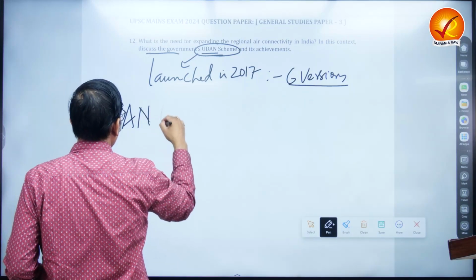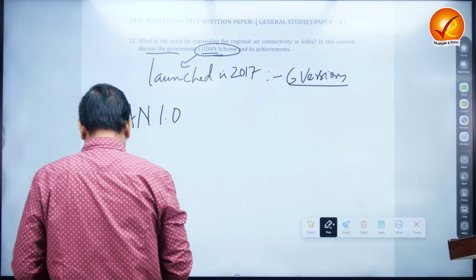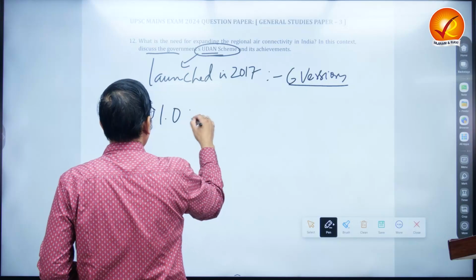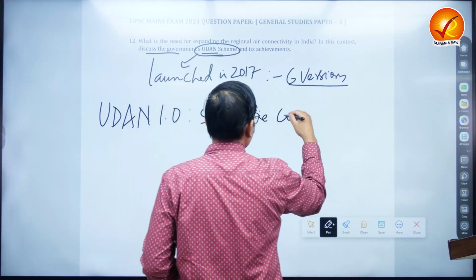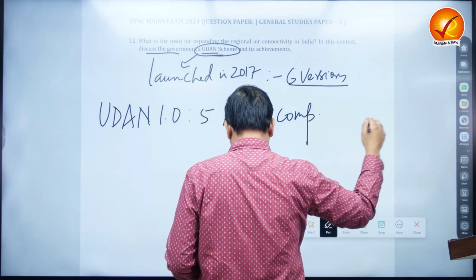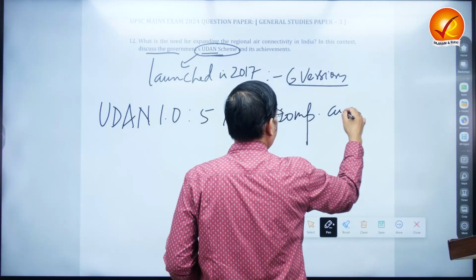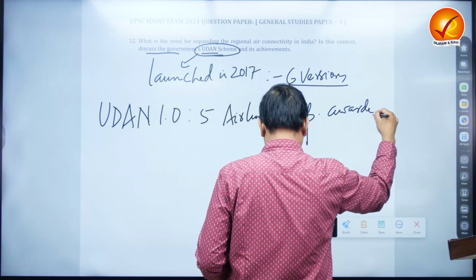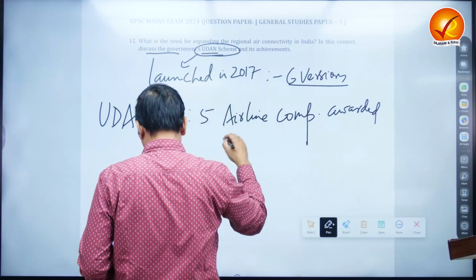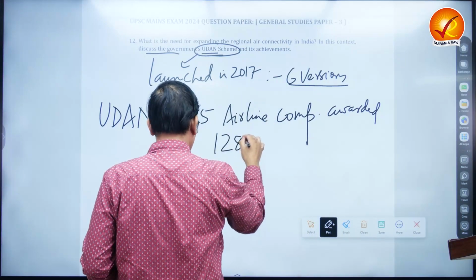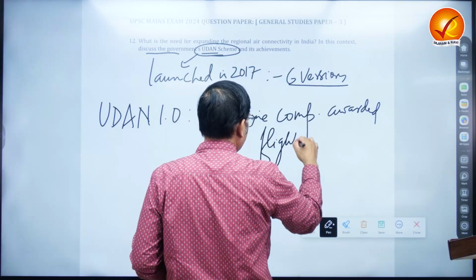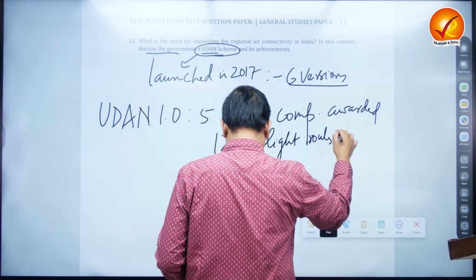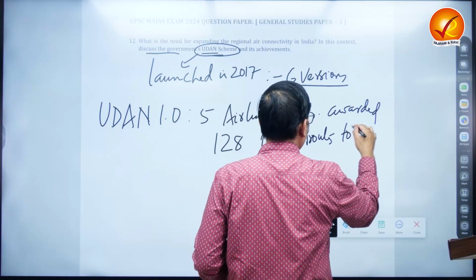So in UDAN 1.0, which was initially, there were 5 airline companies who were awarded with 128 flight routes to 70 airports.